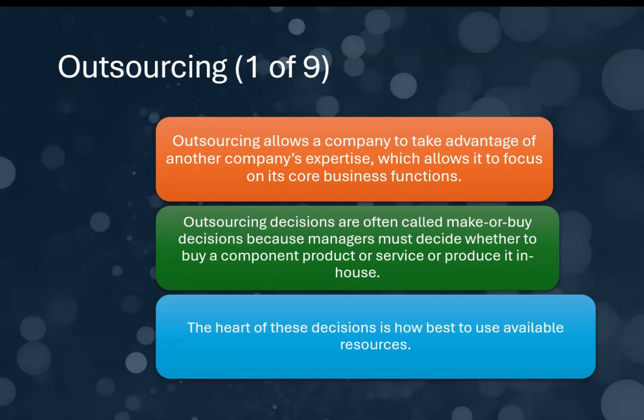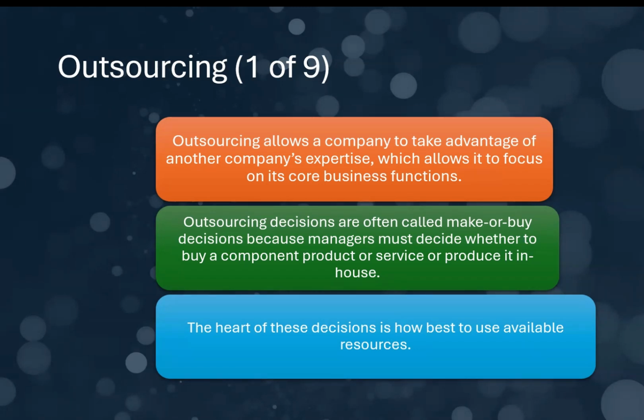Now, this allows the company to concentrate on its primary function, which is serving the needs of its guests, rather than purchasing and operating an extensive computerized reservation system. So, by outsourcing, the hotel chain is taking advantage of another company's expertise, which allows it to focus on its core business function.